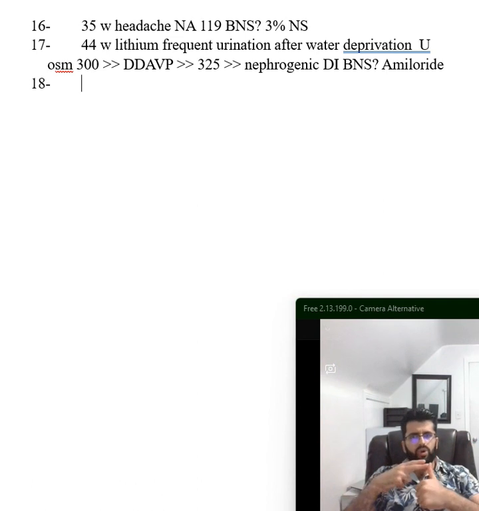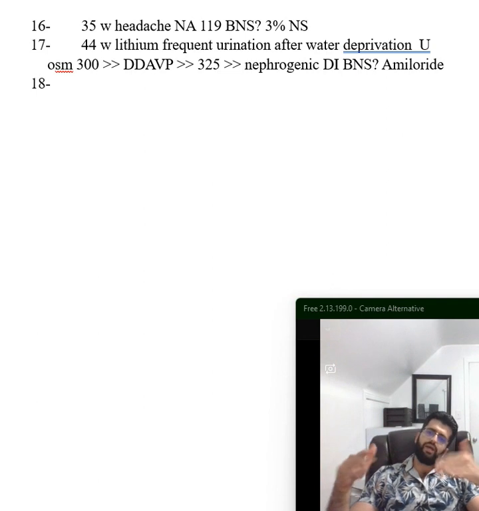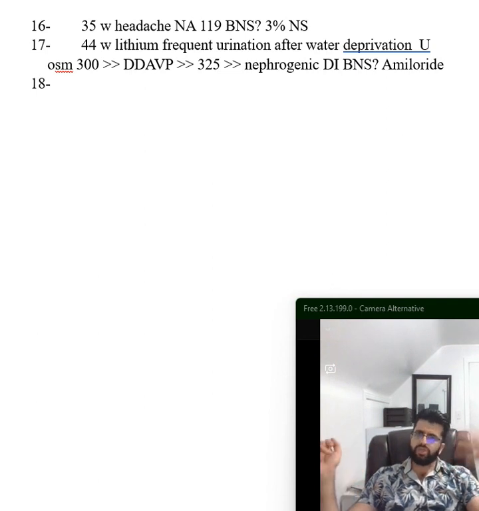So you give no water for 2 to 3 hours prior to the test, and after that you measure urine volume and osmolality every hour, and then you measure serum sodium and osmolality every 2 hours. If the urine osmolality increases to more than 600, this is primary polydipsia, that's it. You stop the test, you don't need it. But if it's still low, you repeat it for 2 to 3 consecutive hours.